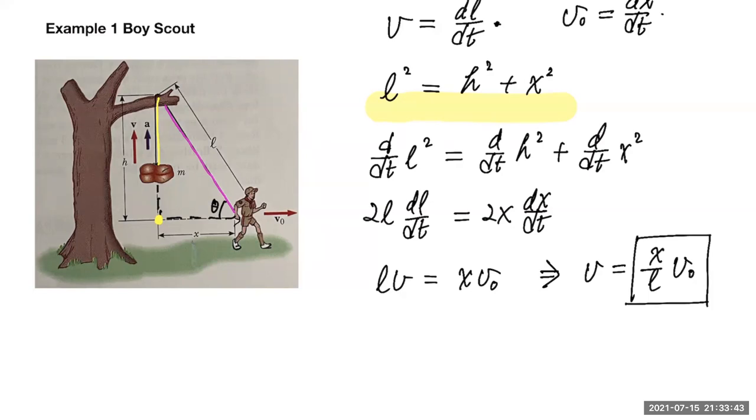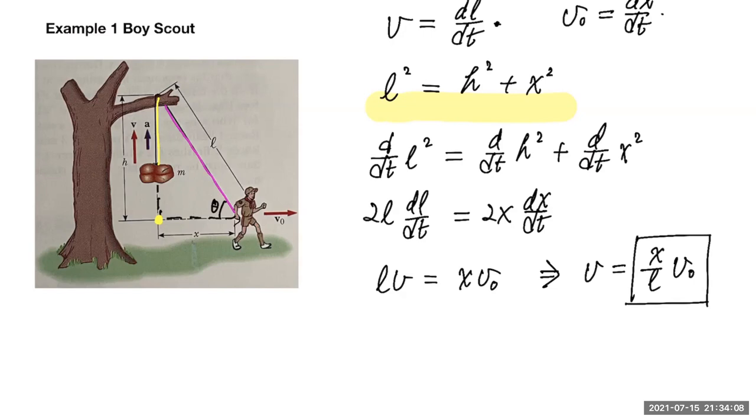No, because he's not pulling along the direction of L. Rather, L at this point, this segment of string is vertical, but he's moving horizontally, right? So he is not pulling on the rope along this direction. Therefore, he's not changing L at this point, and therefore v is also equal to 0 because v is dL over dt. So when x equals 0, v is also equal to 0, which makes sense.